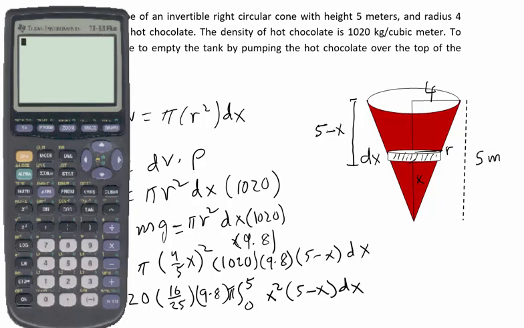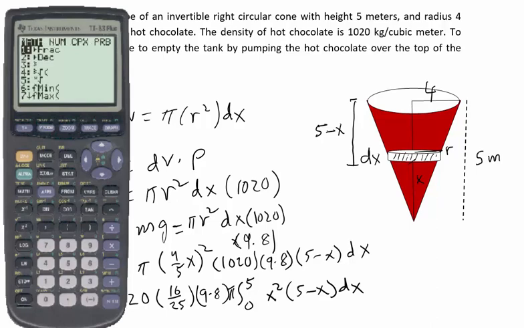First, you put in all the constants you have, taking them out: 1020 times 16 over 25 times 9.8. I'm keeping pi outside. Later we'll put pi with our answer, but if you want to approximate, you can put pi in here too. Next you go to math.